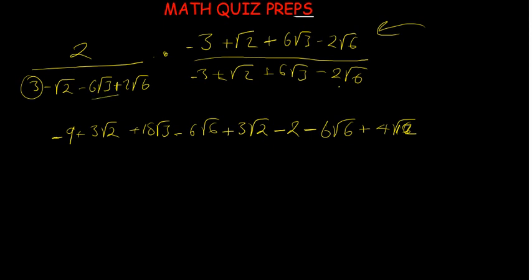Then there we're supposed to have the 2 instead. Good. All right. So we come from negative 6 root 3 multiplied by this one. What are we going to get? Negative 6 root 3 multiplied by negative 3. Positive.